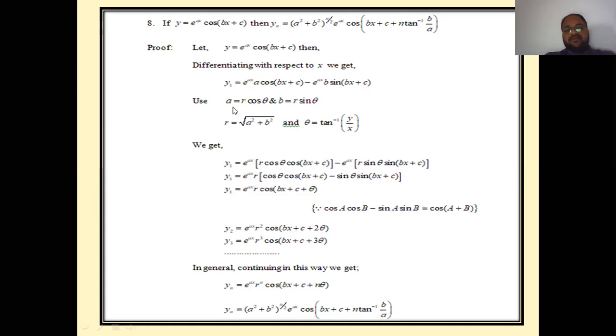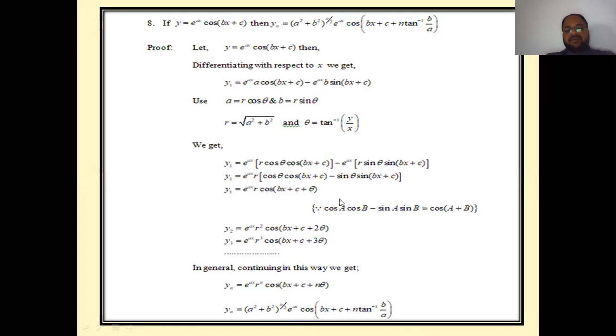Now we have to use the same substitution: a is r cos theta, b is r sin theta, and you have to find out the value of r from this substitution as well as theta. Now when you use this substitution in the above equation, we simply get this value. Similarly, when you try to find the common term from this equation, you get e raised to power ax into r, cos theta cos of bx plus c minus sin theta sin of bx plus c.